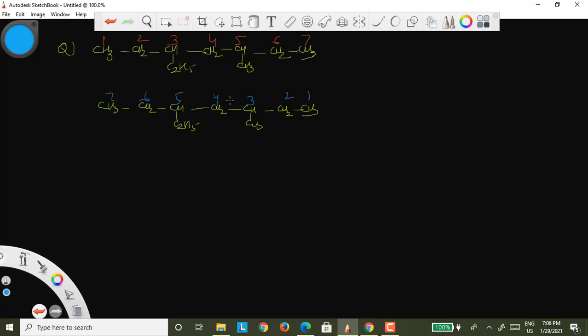Both are equal chains. Now, in the first case, what name is coming? 3-ethyl, and 5-methyl: 3-ethyl-5-methylheptane.